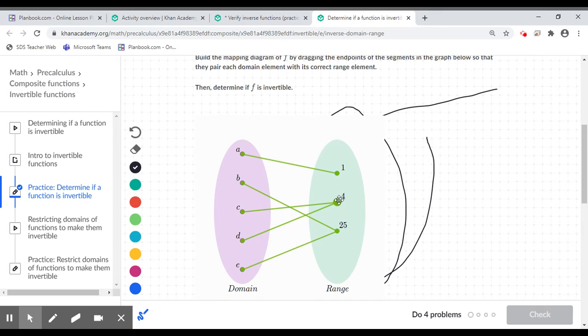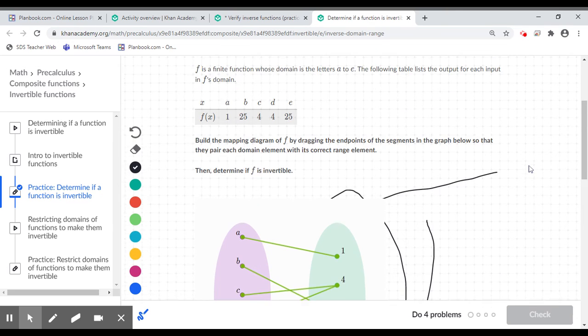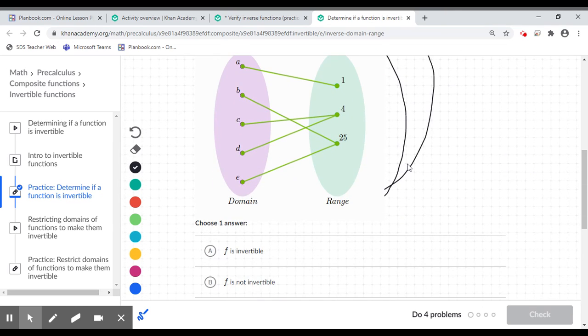I cannot say for certain which one of these I started at. It's either C or D. And I could do the same thing for 25. 25 had B or E. So is this invertible? No. Whenever you cannot answer that question clearly with only one answer, it's not invertible. That's because there's more than one thing leading to 4, and more than one letter leading to 25.